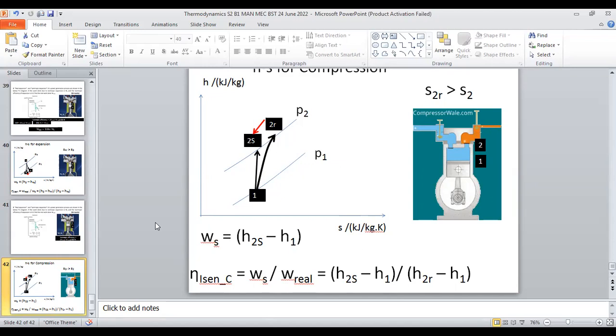Physically, you will see the engine, you will see a refrigerator, you will see a boiler, but seeing it thermodynamically, you have to have a different eye. You have to see through the brains and minds. That is very important. Understanding is the key for being successful in this subject.